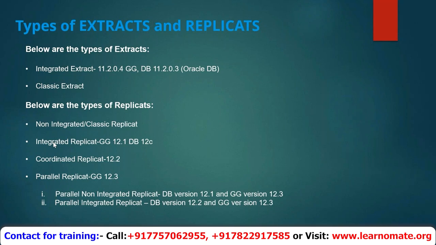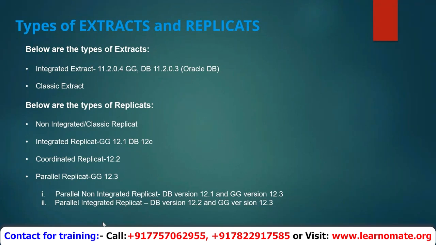Basically coordinated replicate is used to make your classic replicate fast. Then with 12.3 onwards, GoldenGate introduced parallel replicate, which we'll be discussing as well. Parallel replicate is of two types. The non-parallel ones are non-integrated and integrated replicate. Parallel replicate has two types: parallel non-integrated replicate and parallel integrated replicate.